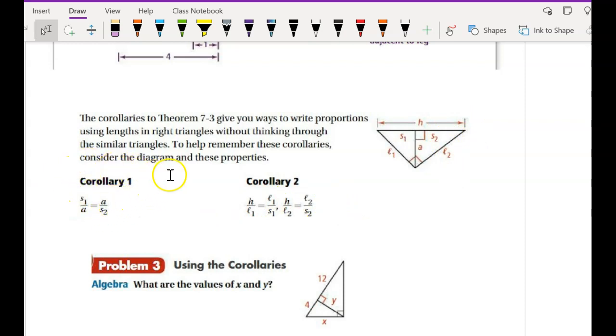So for corollary 1, we're going to start with the small triangle, and it's going to be short leg for the small triangle, short leg for the bigger triangle is equal to long leg for the small triangle over long leg to the big triangle.